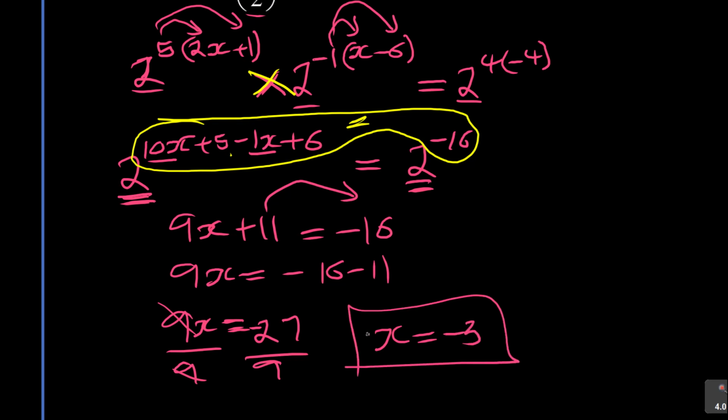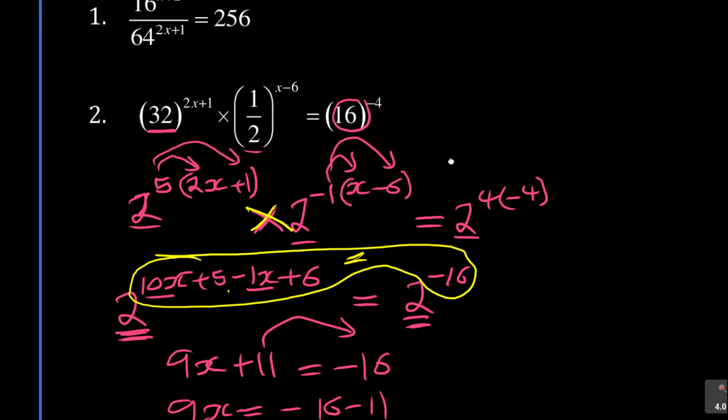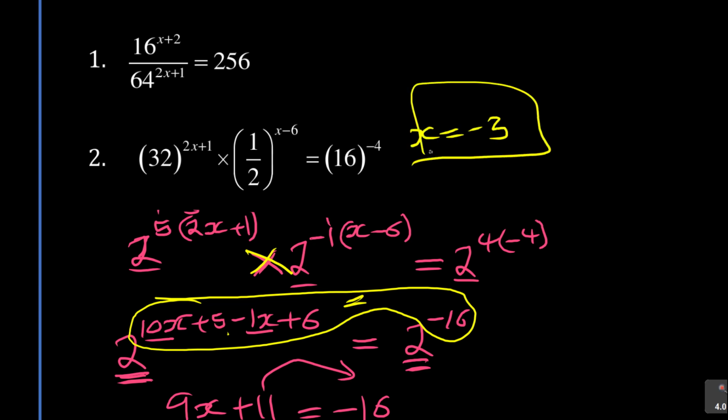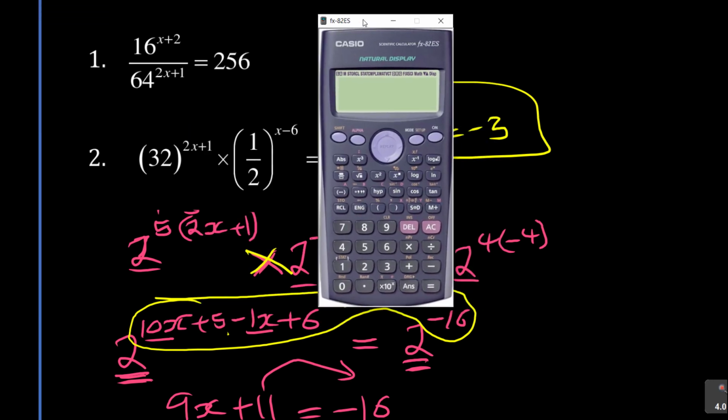You can verify that. But guess what? I don't need to hope and pray that it was okay. I come here and say, okay, if my x is equal to -3, let me test it and see that it balances. My left hand side must balance with my right hand side. That's all. So take a calculator and check it out. Let's start with the left hand side.